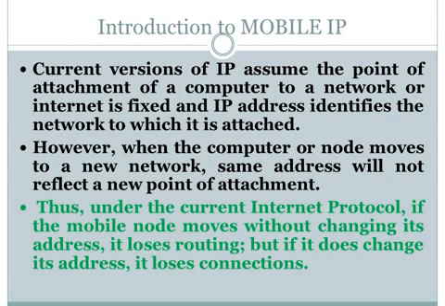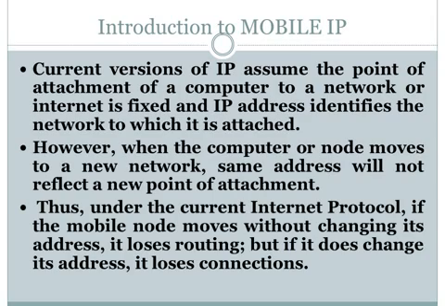On the other hand, if you don't change the address, then the new location will not be identified. So if we change the address, we lose the connection. If we don't change the address, we lose routing. The concept of routing itself is lost. So what is the solution to this problem?